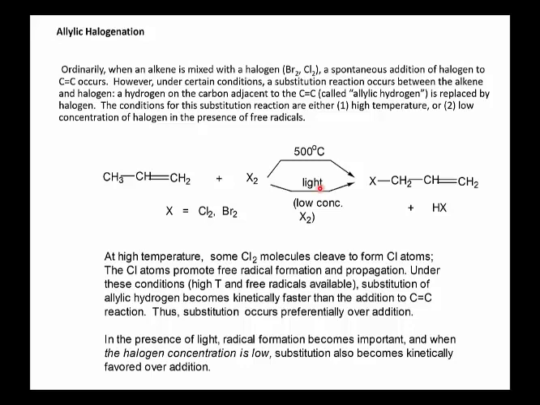So we get a completely different product. The energy of activation for the radical pathway turns out is lower than the energy of activation for the normal ionic addition. So you get a completely different product formed.